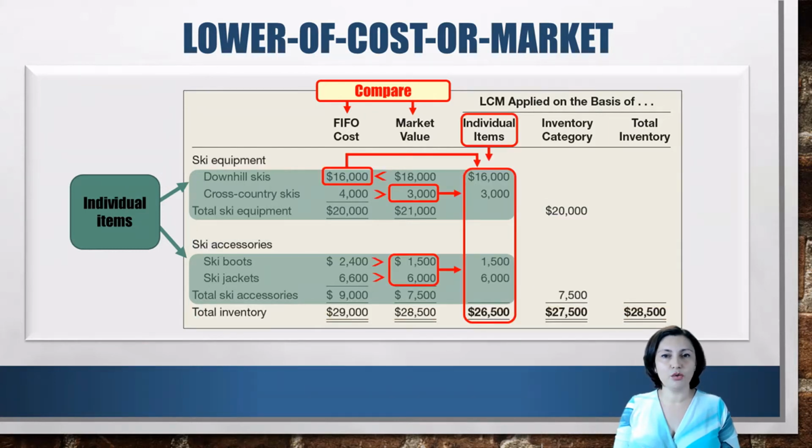Let's apply the lower of cost or market rule on the basis of individual items first. Look at each item and compare the item cost with the market value. As the name of the rule implies, we select the lower amount for each item. For the first line, for example, we select cost of $16,000 because it is lower than the market value for this item.